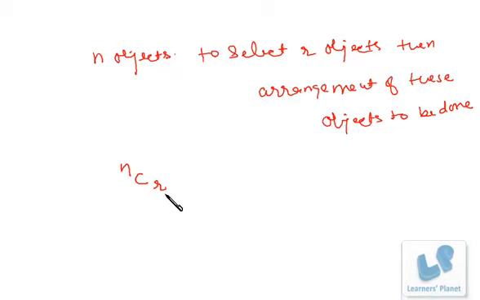How many objects have I selected? r objects, and I have to arrange these r objects at r places. What will be the number of arrangements, as we have just discussed? That is r factorial, right? So it's nCr. First of all, I made the selection, then I made the arrangement of selected objects in r factorial ways. So both the things are happening simultaneously. So it is nCr into r factorial, the complete solution to this problem.